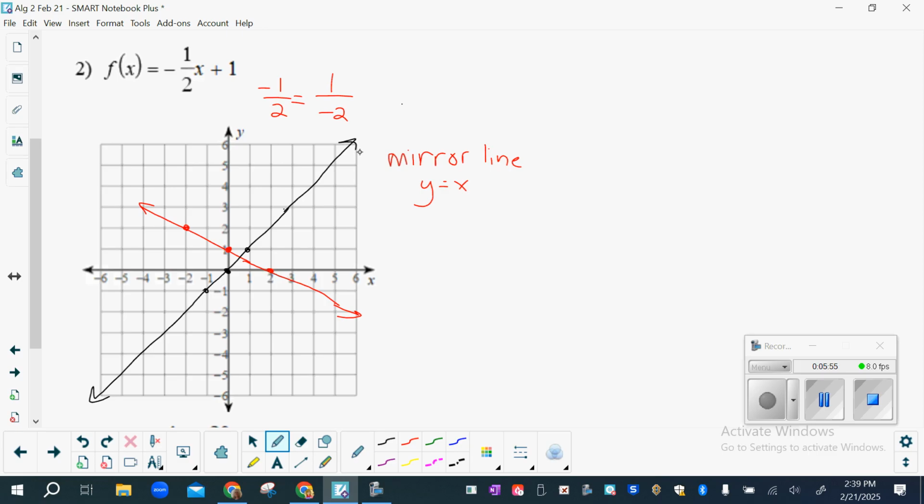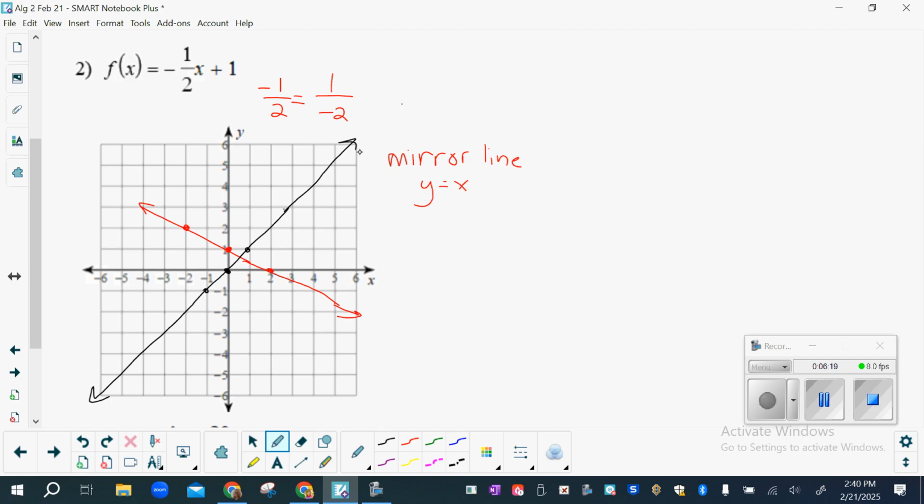Okay, so what we are going to do is take a point on the red line. It's always going to be the line y equals x, always, because we're interchanging the x and the y to do inverses.